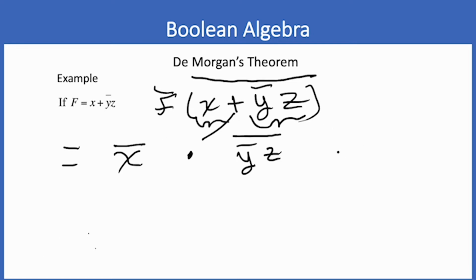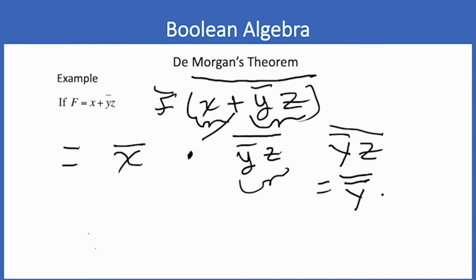So now we notice we have a y bar. The goal is to get rid of the bar and have individual terms with their complements. So we have y bar z complemented, and that's going to equal just this piece right here. We complement this term: y bar complemented is another bar over the top.